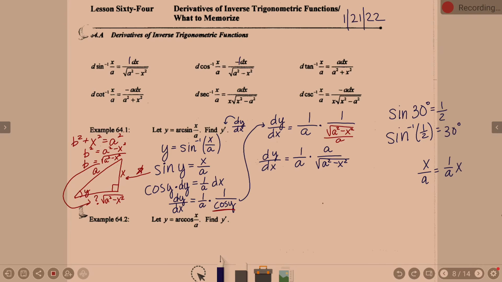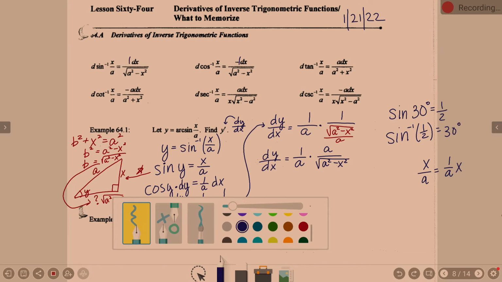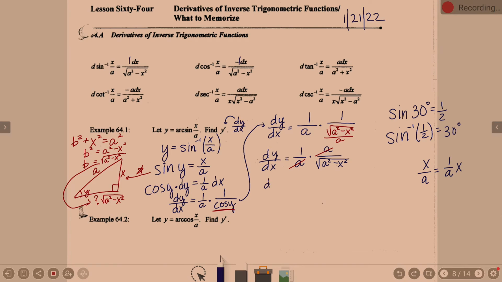And guess what happens? Your a's cancel. And once the a's cancel and we put this together, dy dx is 1 over the square root of a squared minus x squared.